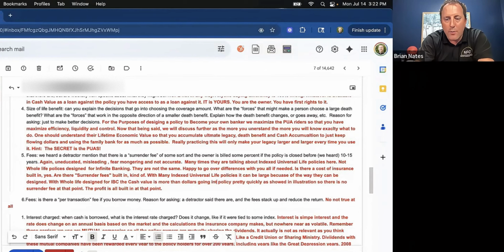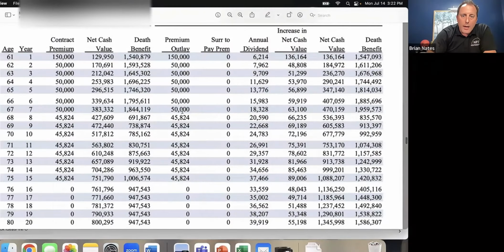I want to hit home on that again, okay? Why don't I show that really quick? Again, look at year six: 50,000 in, yet that cash value account grew by 59,000 that year. So you could say you made $9,000 on that 50 grand that year, right? 50 grand in, 59,000 is what it turned into.